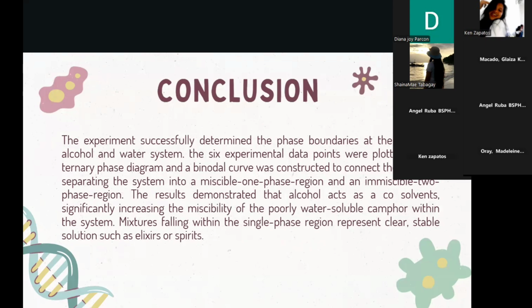The results demonstrated that alcohol acts as a co-solvent, significantly increasing the miscibility of the poorly water-soluble camphor within the system. Mixtures falling within the single-phase region represent clear, stable solutions such as elixirs or spirits.